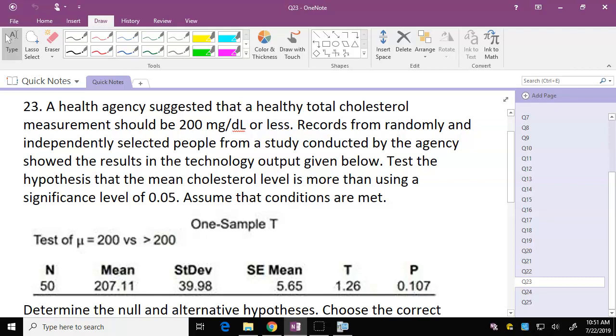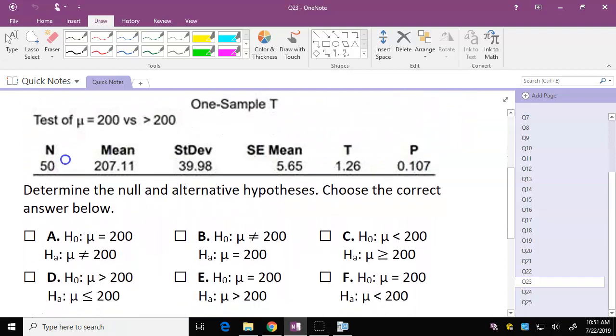Records from randomly and independently selected people from a study conducted by the agency showed the results in the technology output given below. Test the hypothesis that the mean cholesterol level is more than 200 using a significance level of 0.05. Assume the conditions are met.